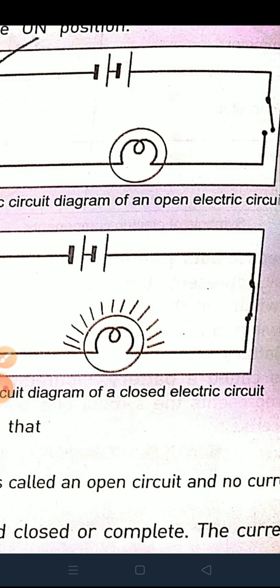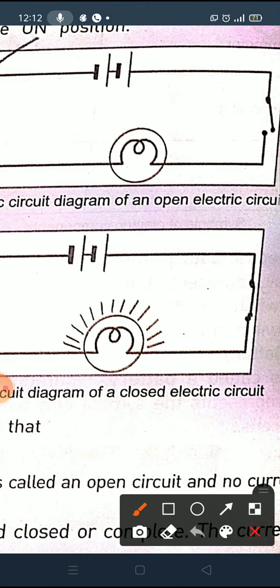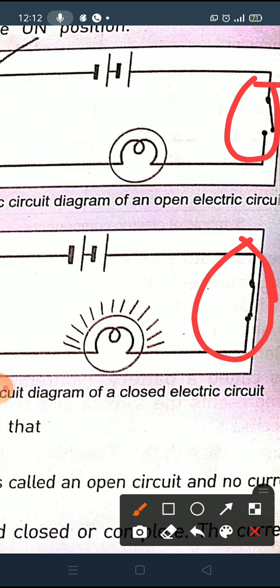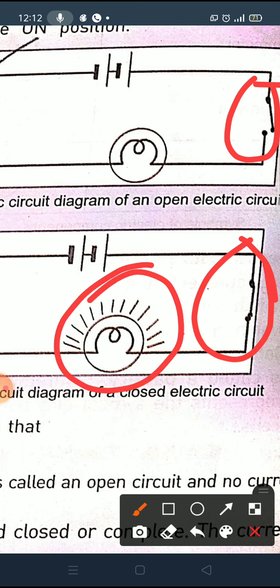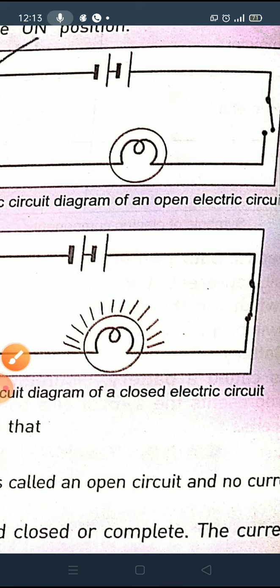Open means that side is open, means the switch is in the off position. When the switch is connected, means it is in the on position, then only electricity will flow and the bulb will glow. It is called a closed circuit. So I think up till here you understood.